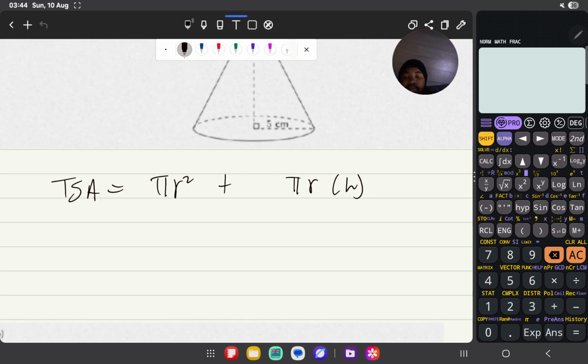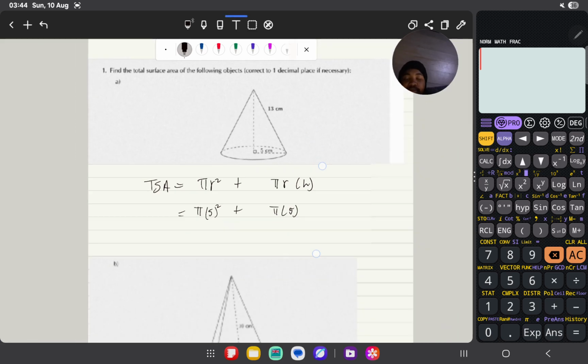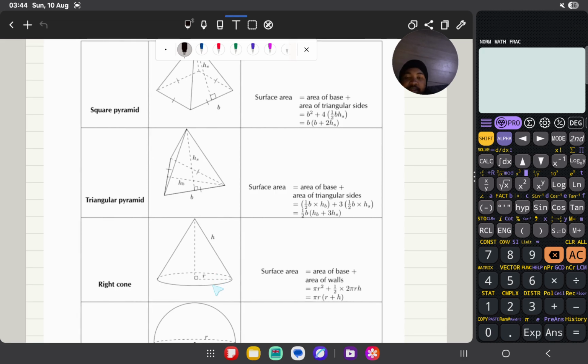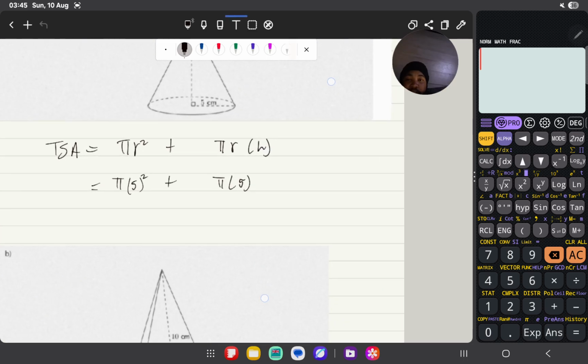So you have pi radius squared plus pi radius times slant height. That means I have pi, my radius is 5, plus pi, my radius is 5, and my height is, let's look. The height we are concerned with is this one, that means 13.